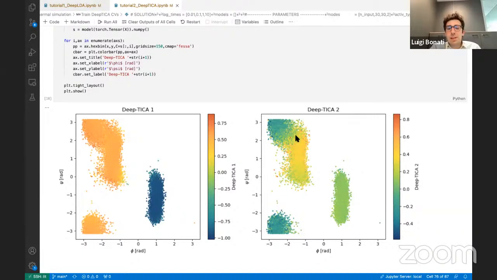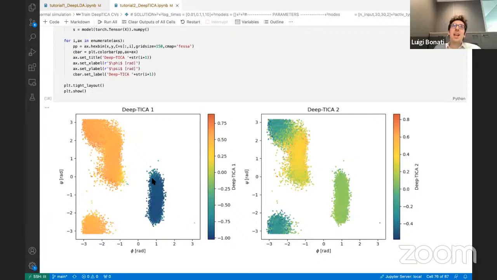Here we were biasing along the psi angle, which means the y-axis, so we already made this degree of freedom fast enough, and of course the signal is much weaker, while the signal associated with the slowest mode between these two states is still very marked.